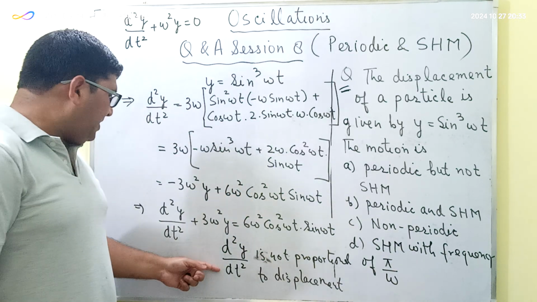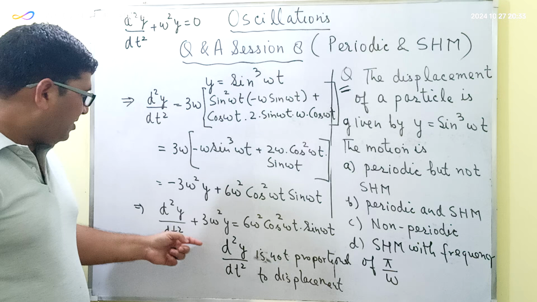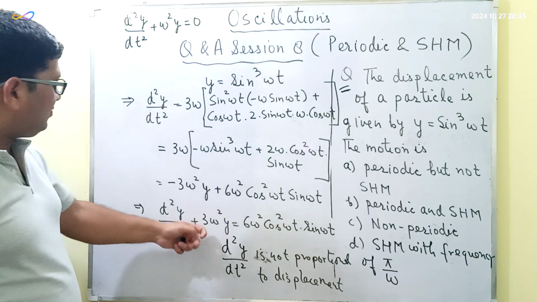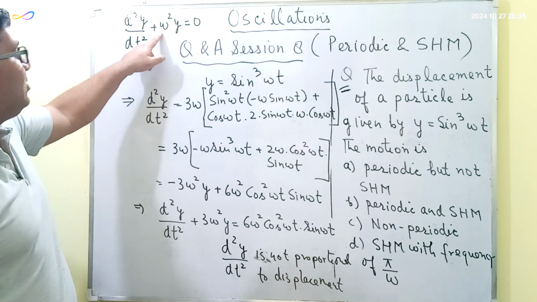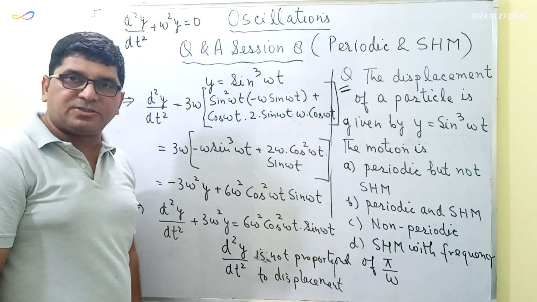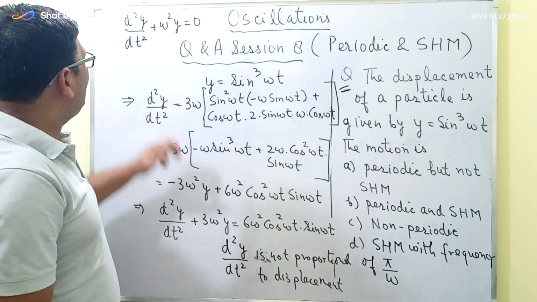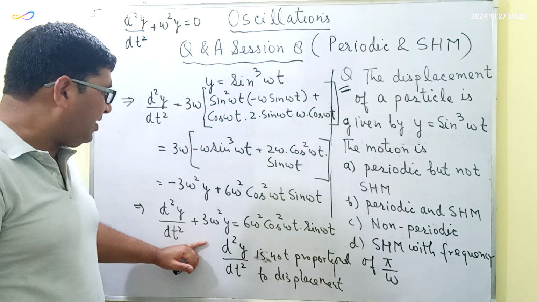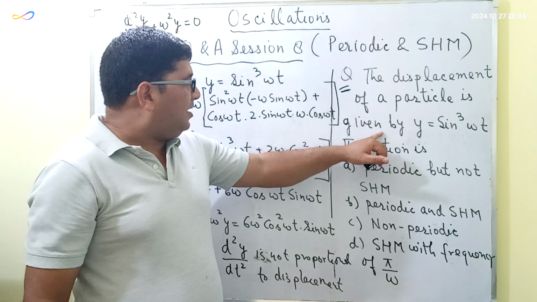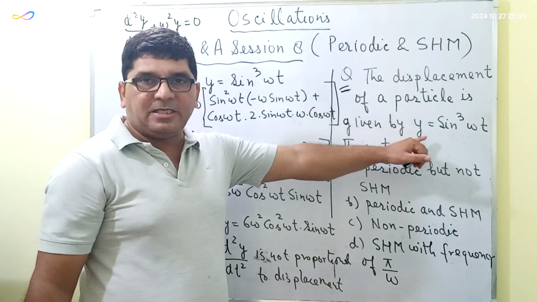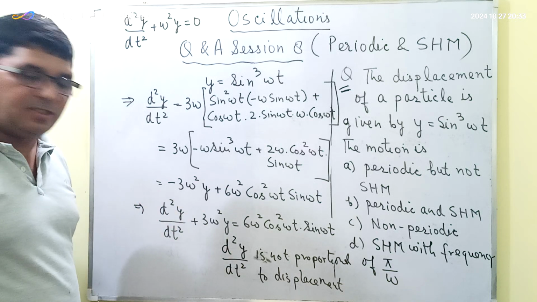Because of that, this motion is not simple harmonic, and you can also compare this equation with the equation written on the top. The equation on the top is the equation for the acceleration of a particle executing simple harmonic motion. So this equation and the equation which we have derived for the displacement of the particle are not the same. They are not resembling each other.